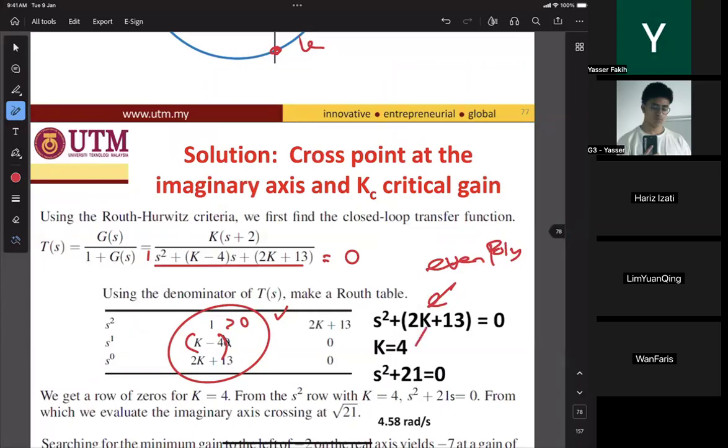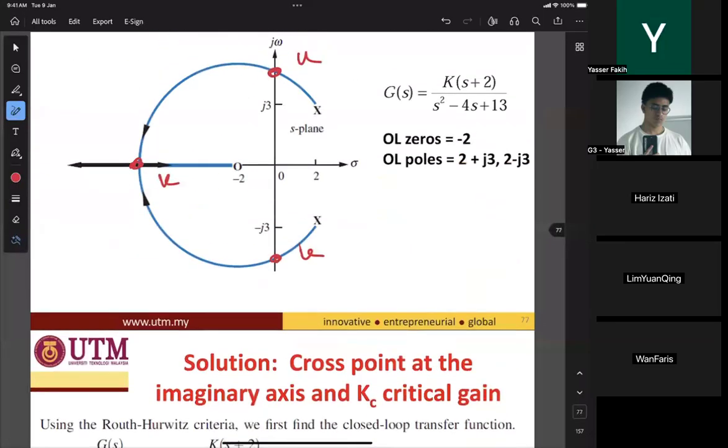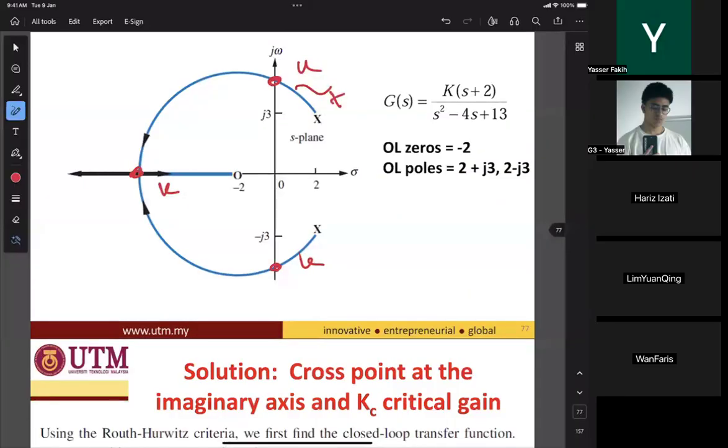With K equal to 4, simplified, square root of 21 is 4.58, which is omega. So this point is plus j4.58.